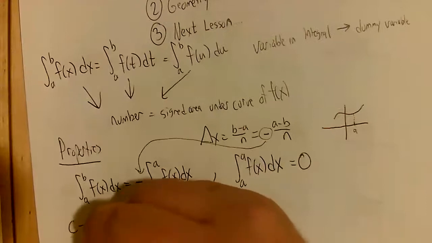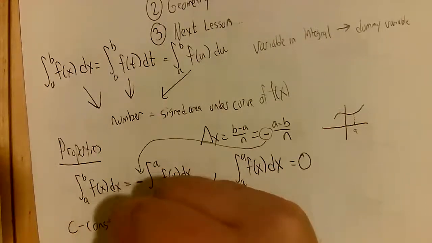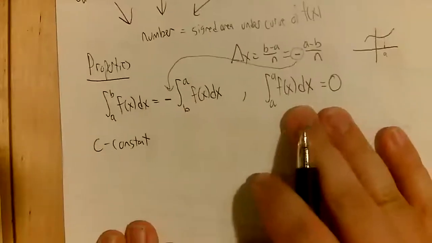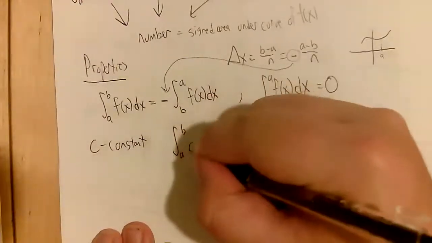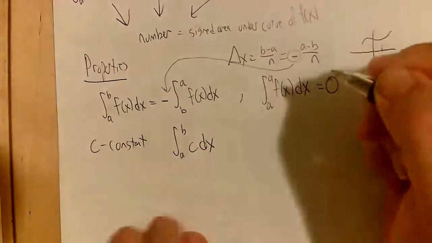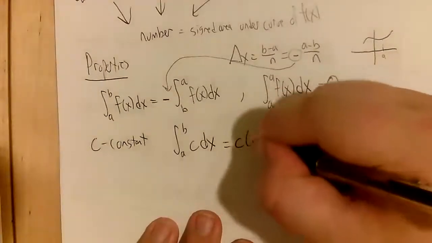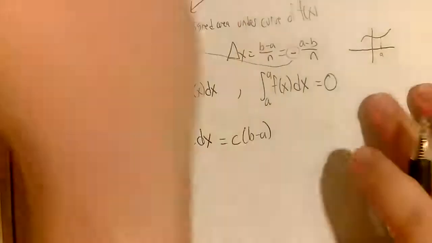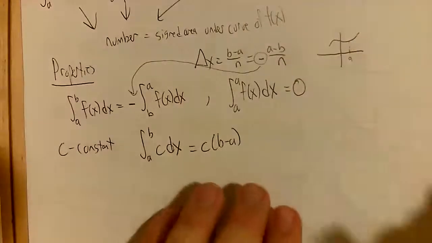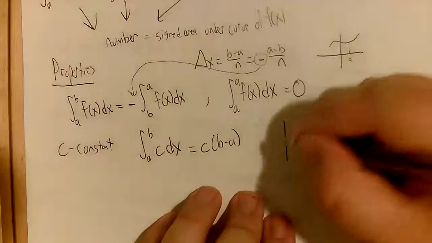All right, let's say we have c being some constant value. Then the integral from a to b of c dx, the constant function, will be c times b minus a. And again, we can see why this is true by thinking of this in terms of an area.